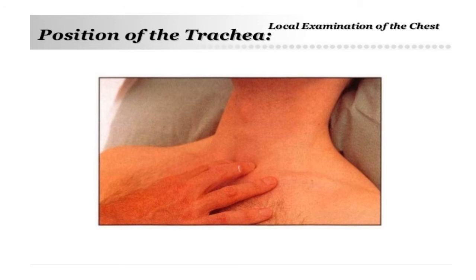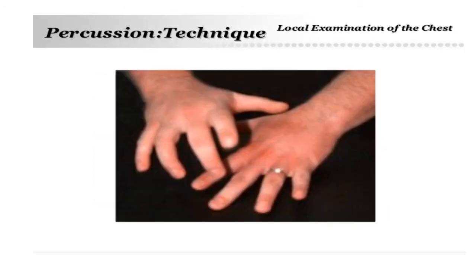You will see whether it's towards the side of the lesion or away from the side of the lesion. There are certain causes of deviation of the trachea, like in collapse it is deviated towards the same side, and in consolidation the trachea is deviated. In pneumothorax it is deviated towards the opposite side. So you have to note it down if there is some abnormality.